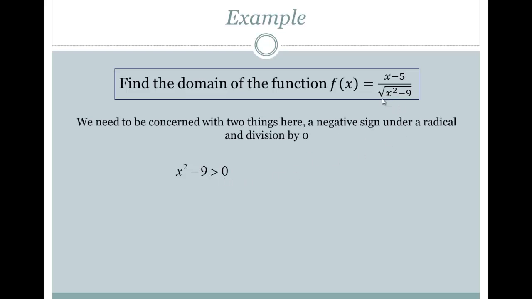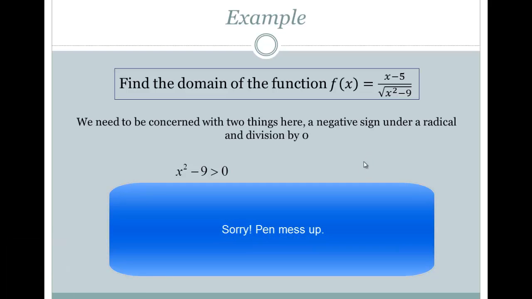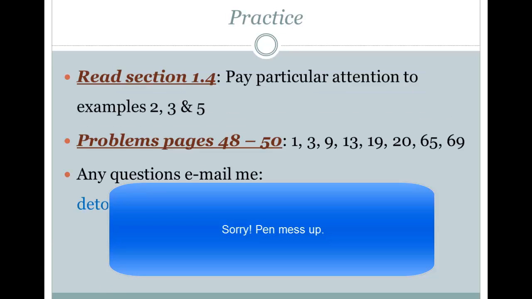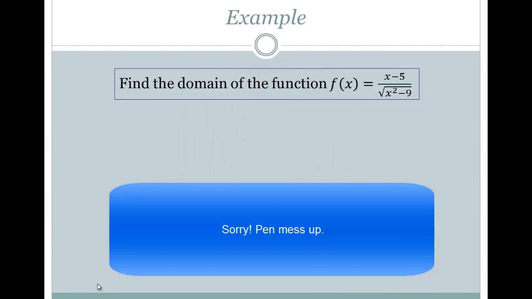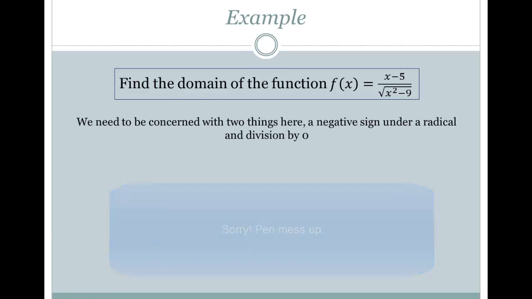Note that if it was just this function, f of x is just equal to the square root of x squared minus 9, then when I write this, I could have had an equal sign, because this can equal 0.